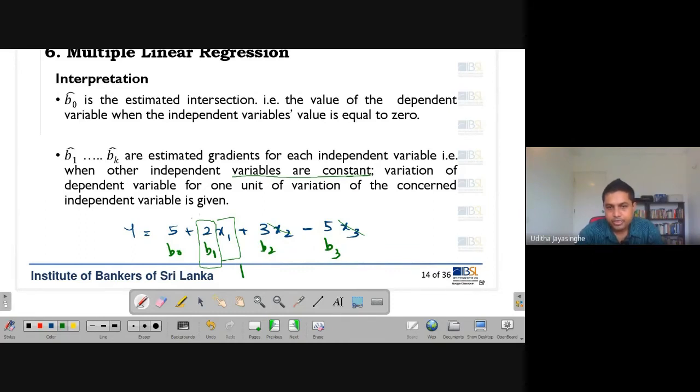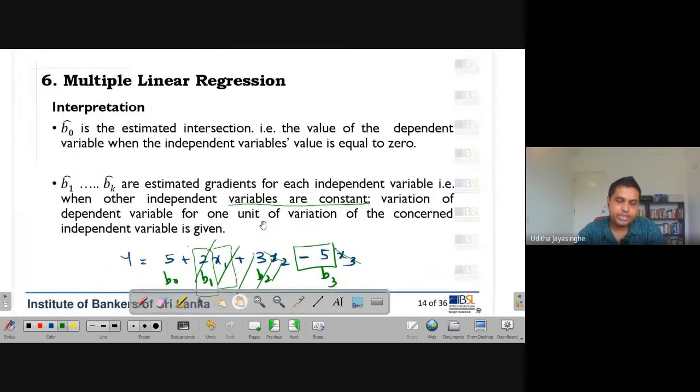Here, you freeze all the other items. You move x3 by 1, y will reduce by 5, minus 5. Likewise, the interpretation for these individual independent variables is going to be like that.